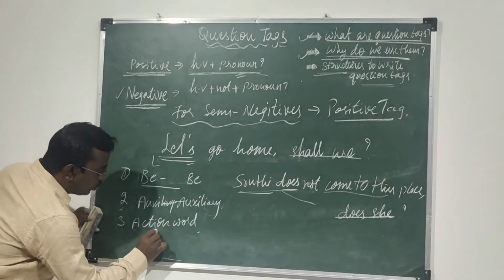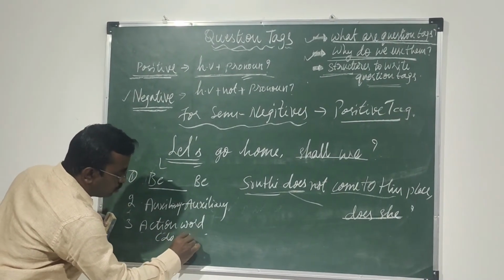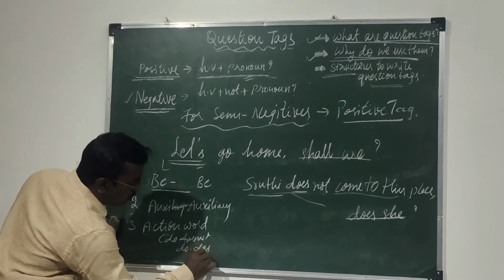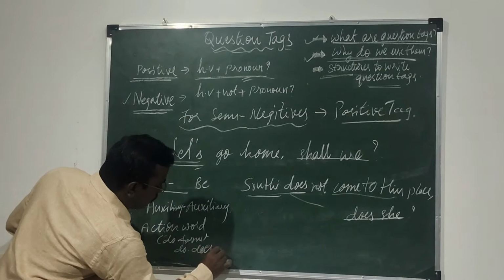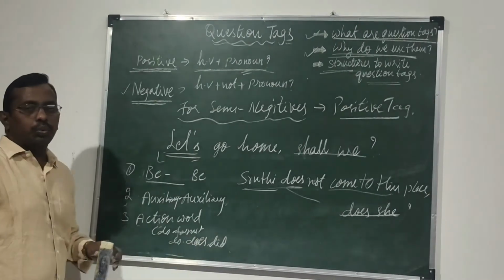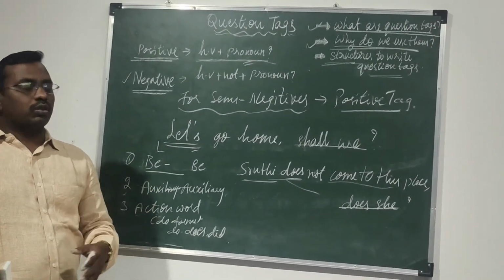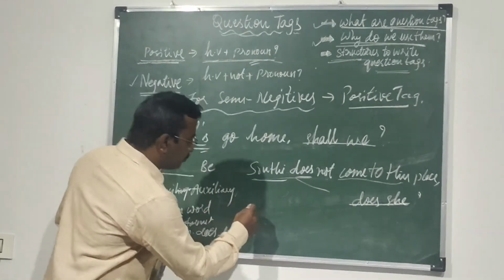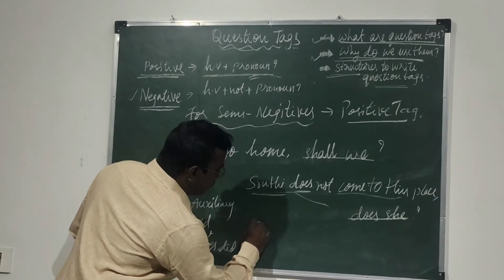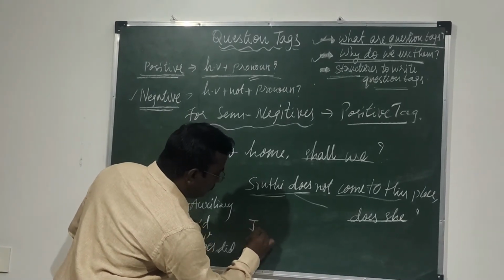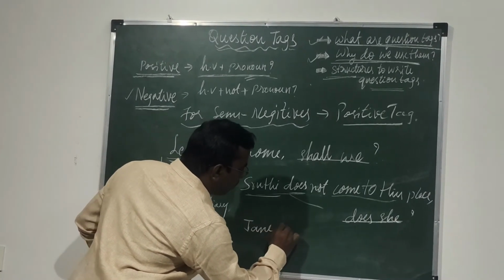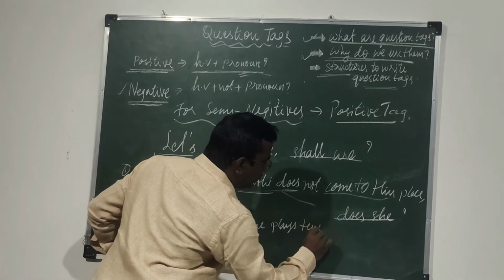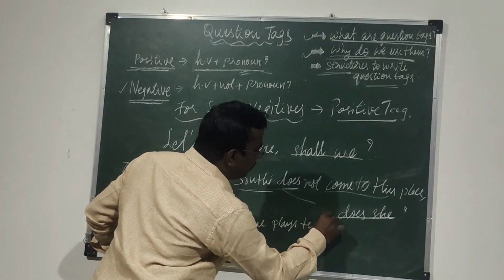Next, if there is an action word, we take do forms. What are do forms? Do, does, and did. If it is an action word, we use do forms as helping verbs in the question tag. For example, Jane plays tennis.